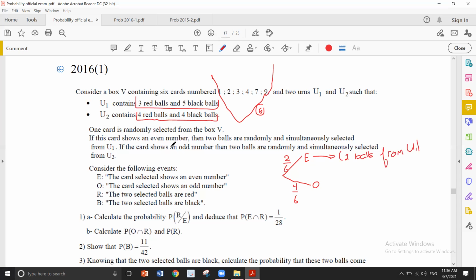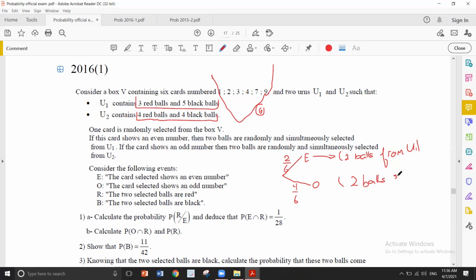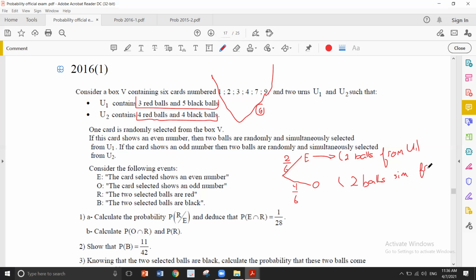If the card shows an odd number, then 2 balls are randomly selected from U2, both of them simultaneously. So if it is even, we choose 2 from U1 simultaneously, and if it is odd, we choose 2 from U2. This is the experiment. Do you understand the experiment?